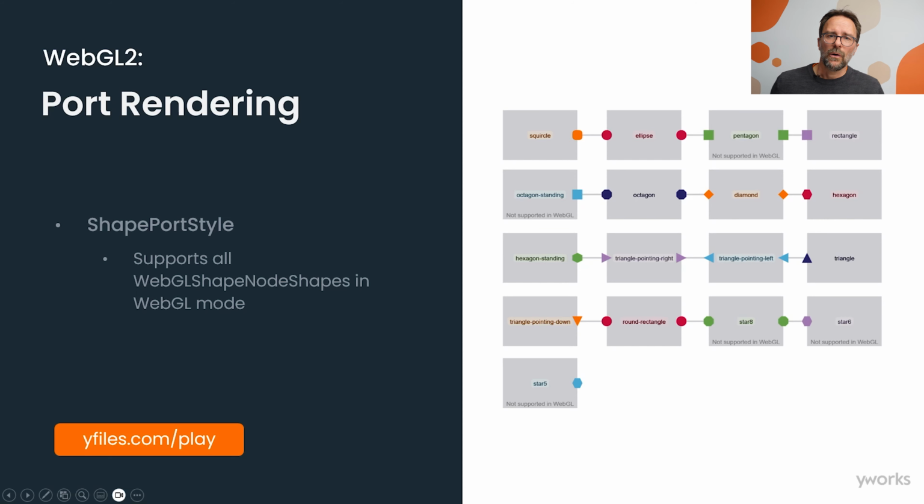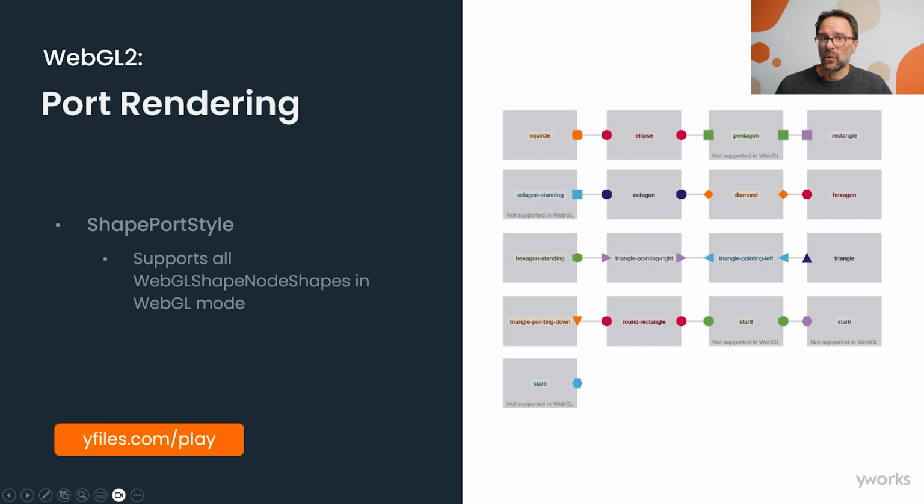So we originally omitted rendering of ports, and we didn't support the rendering of port visualizations within WebGL renderings, because that is a very technical aspect and most drawings don't need them. However, it turned out that some of you actually requested that feature and wanted to use port visualizations in your WebGL rendering. And this is what we did.